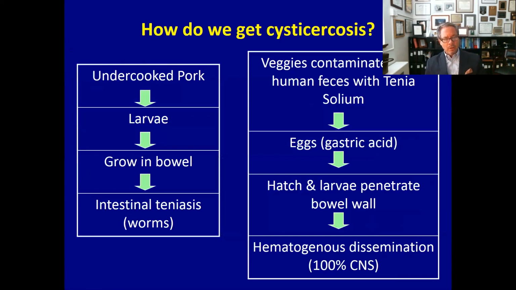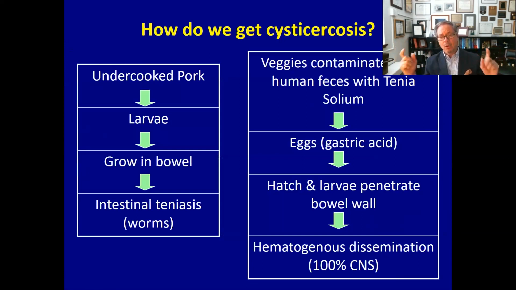And this water infected with the tinea will contain the eggs. We swallow the eggs. The gastric acid in our stomach dissolves the eggs. These eggs hatch and produce small larvae which will penetrate the bowel wall, and then they spread in a hematogenous fashion all over the body.